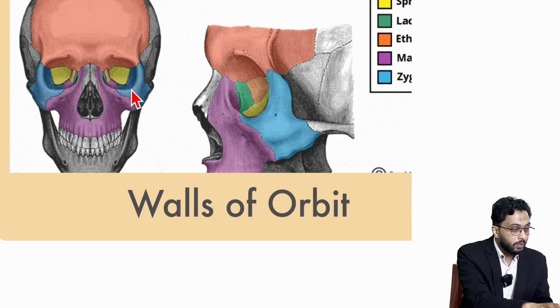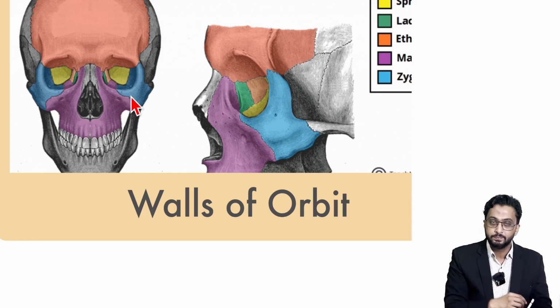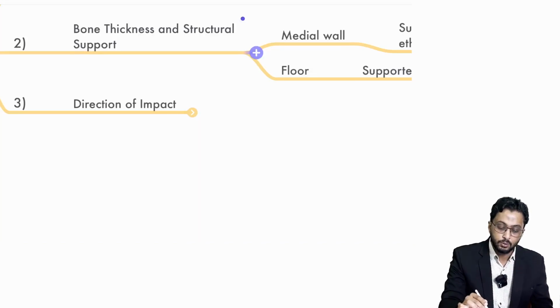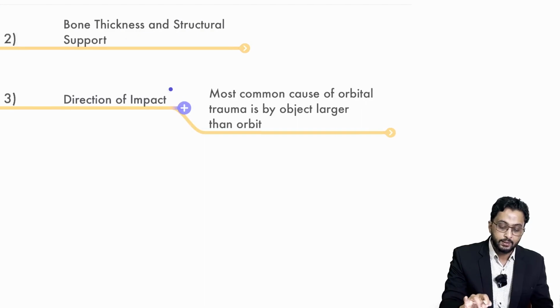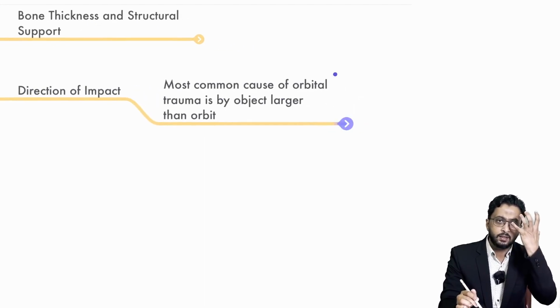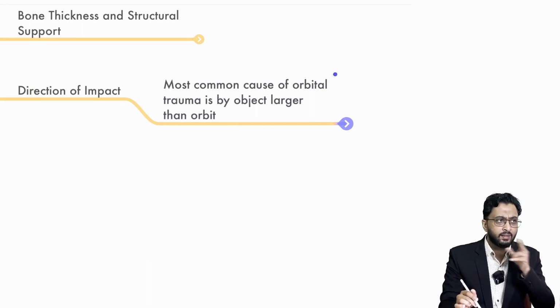Whereas if you go down, this is the maxilla and maxillary sinus. You have got no support inside, simply air filled. Very little support. So that's another reason. And finally, as you know, the direction of impact. The most common cause of orbital trauma is what? An object larger than your orbit. That is most common. You don't see every day someone taking a gun and shooting people.